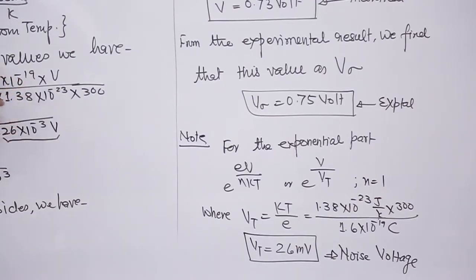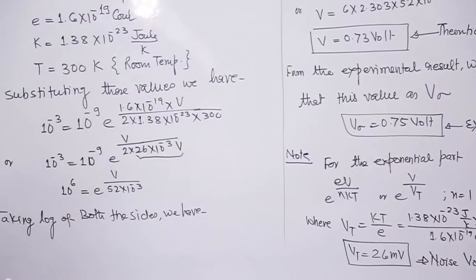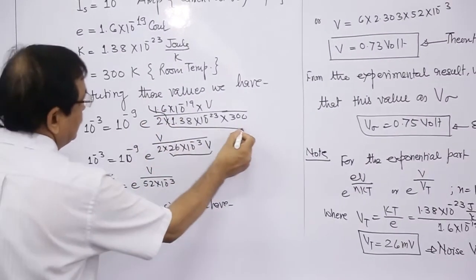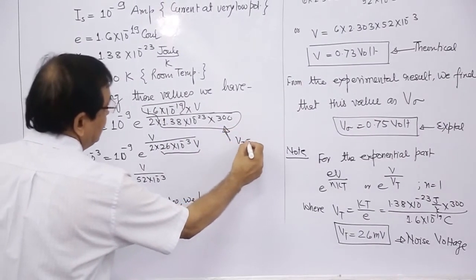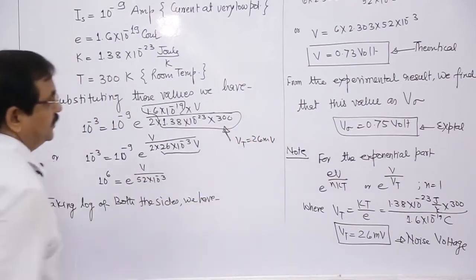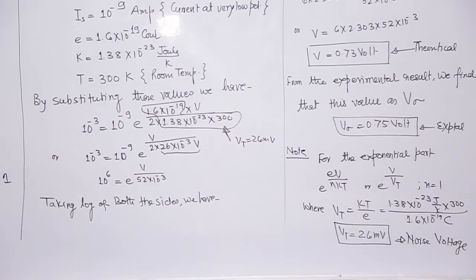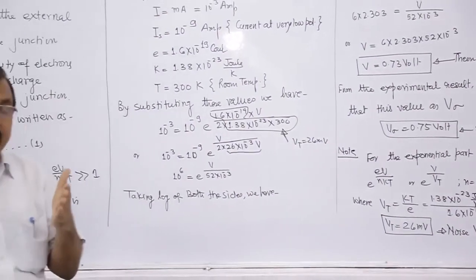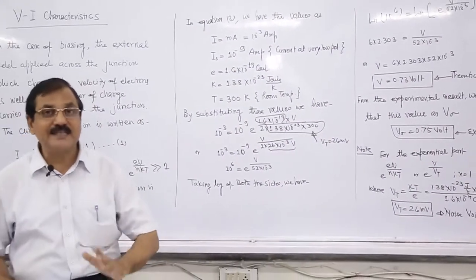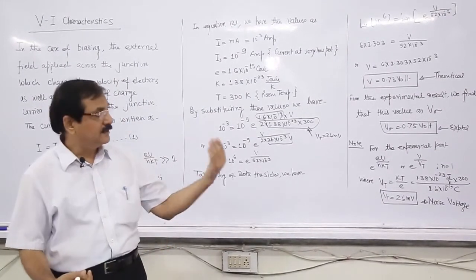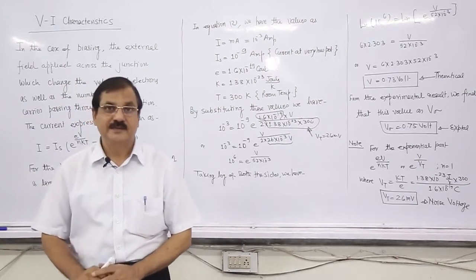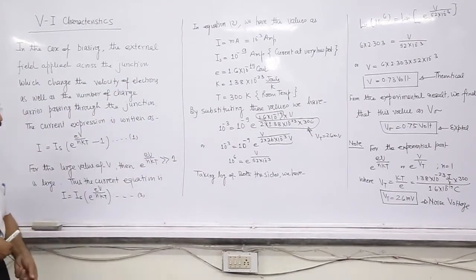So this value is nothing but Vt, it is 26 millivolt. It is the noise voltage that has been developed due to the noise at room temperature. In electronics, this noise voltage plays a very dramatic role in the motion of charge carriers inside the substance.